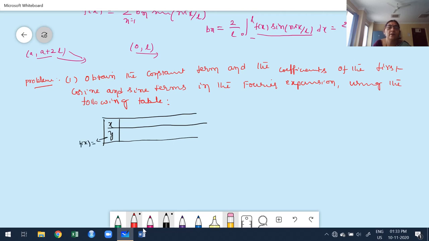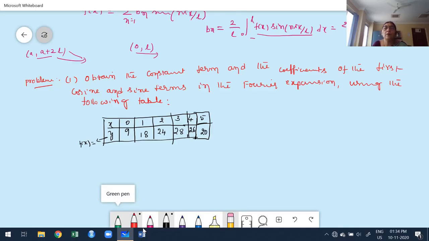Now: 0, 9; 1, 18; 2, 24; 3, 28; 4, 26; and next 5, 20. I wrote 6 here, but it is 5, 20. This is the data they provide.